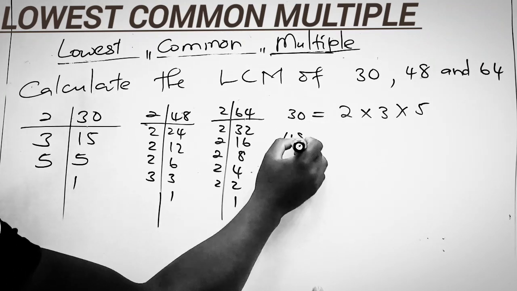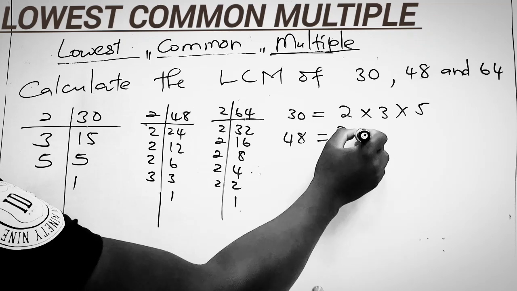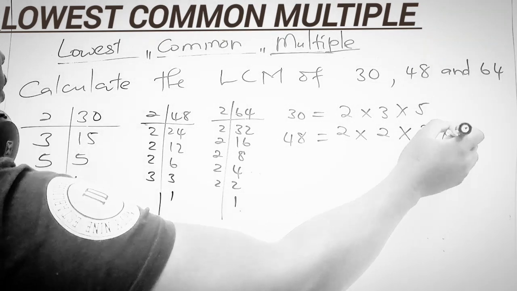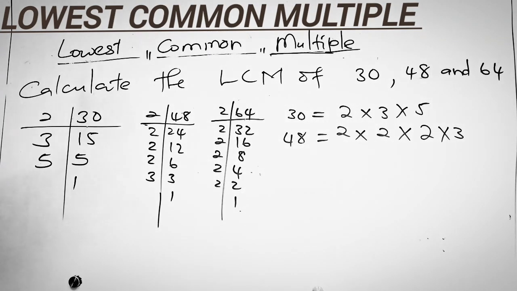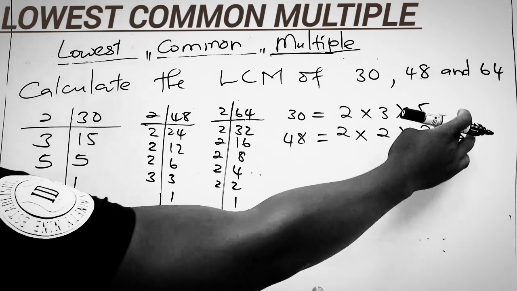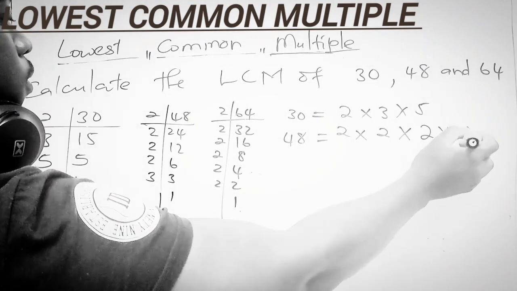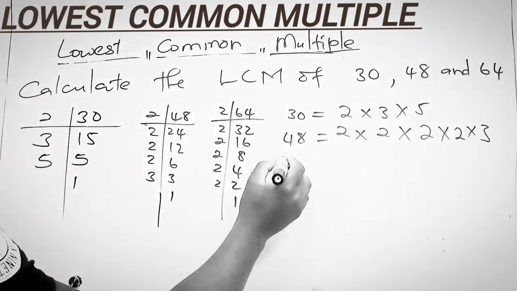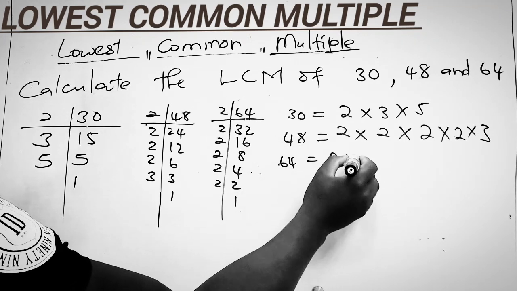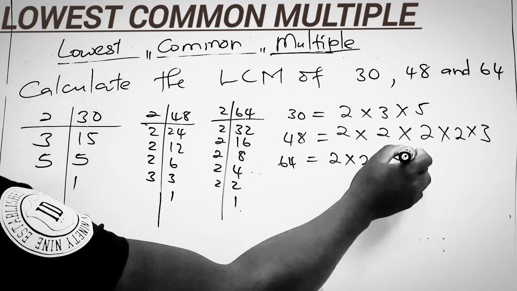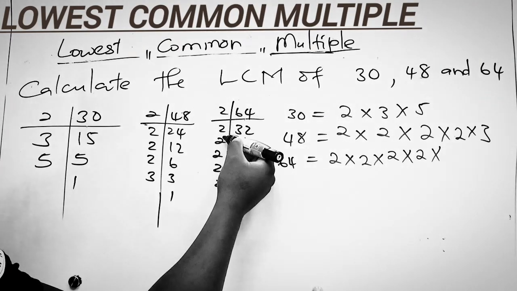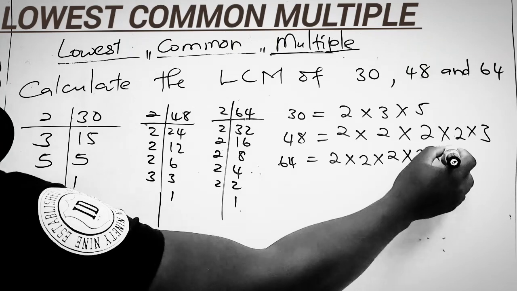Then 48 is equal to 2 times 2 times 2 times 2 times 3. Then 64 is equal to 2 times 2 times 2 times 2 times 2 times 2.